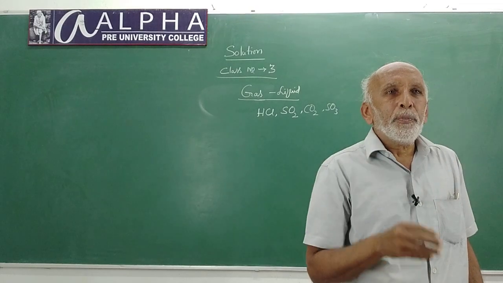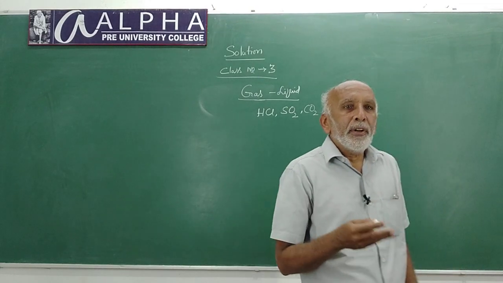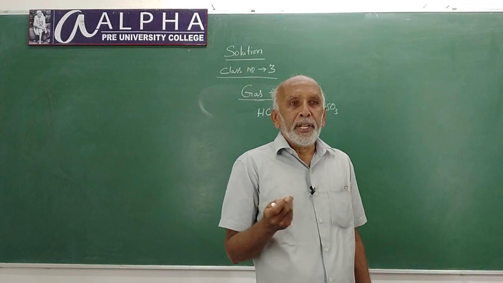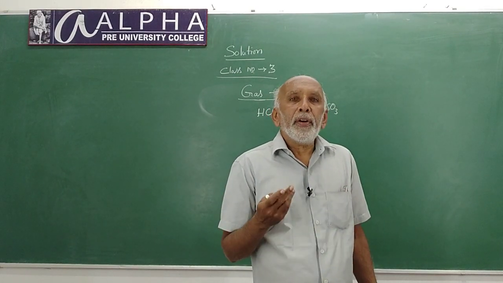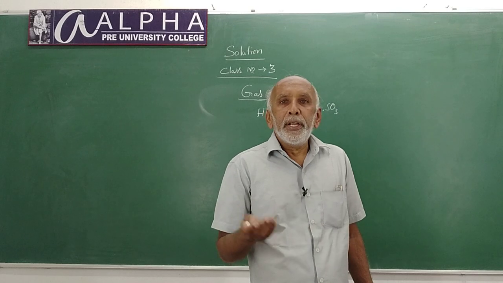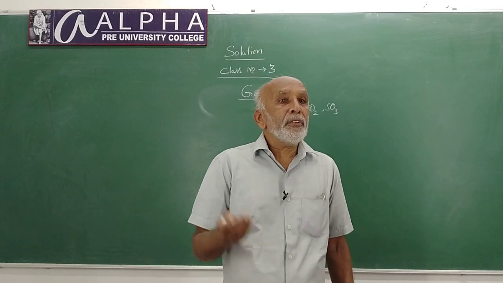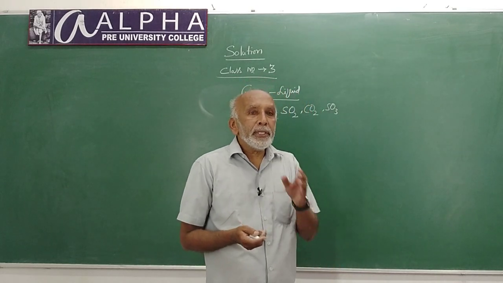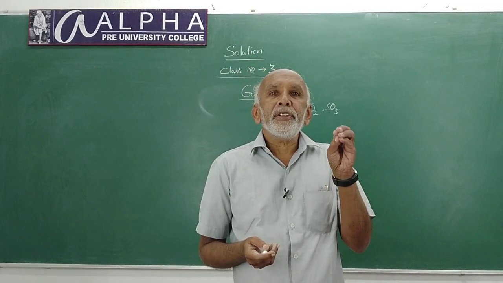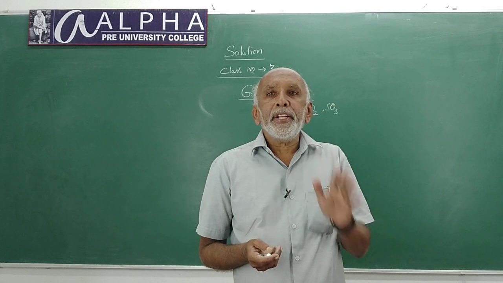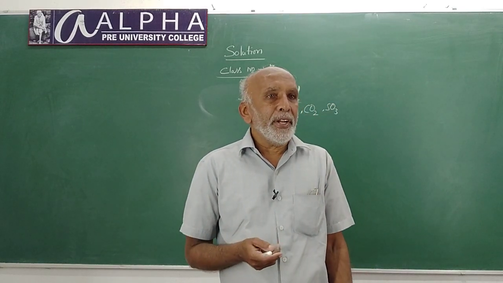When carbon dioxide is passed through water, you get H2CO3, carbonic acid; sulfur trioxide gives sulfuric acid, sulfur dioxide gives sulfurous acid, and HCl gives hydrochloric acid. So gases which can interact with the solvent dissolve to a great extent in that solvent.